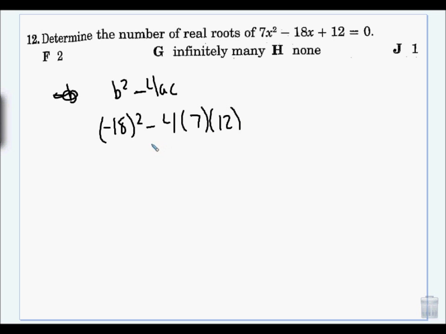So 18 squared is 324, and this is 336. So I'm going to get negative 12. So basically I'm taking the square root of negative 12. So I have no real roots. And you have that chart that tells you if it's positive, if it's negative, and all those things.